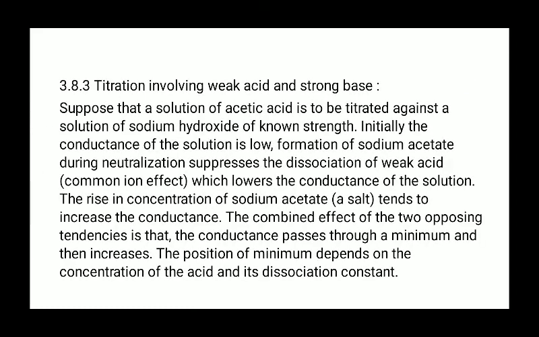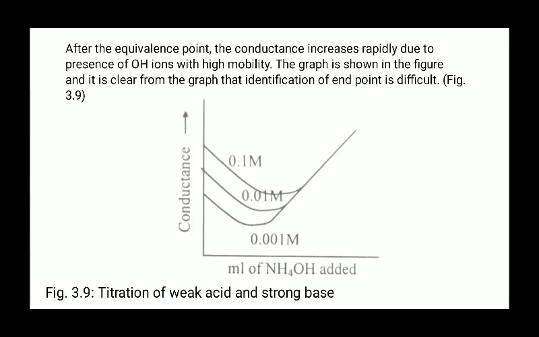Now consider the titration between a weak acid and a strong base. Suppose that a solution of acetic acid is to be titrated against a solution of sodium hydroxide of known strength.